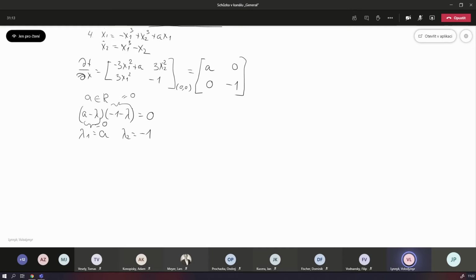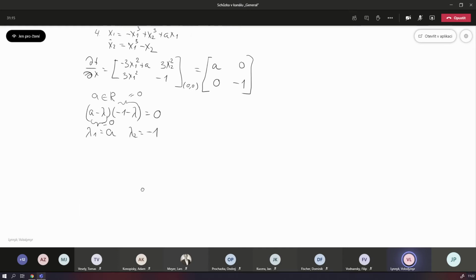And because some of the students very carefully calculate the eigenvalues, maybe with MATLAB or something like this, and make a mistake. Yeah, and you can see that lambda equal to a and lambda equal to -1.